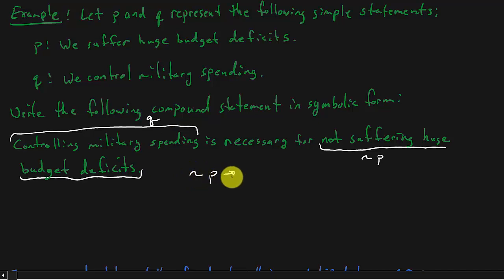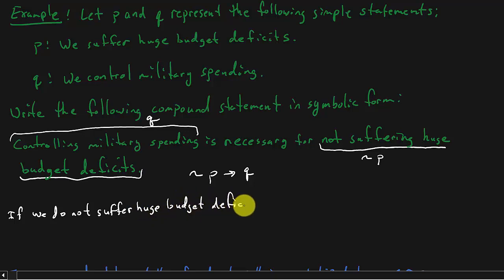This would be not P and then Q. So if not P, then Q. So another way that you could write this is: if we do not suffer huge budget deficits, then we control military spending.